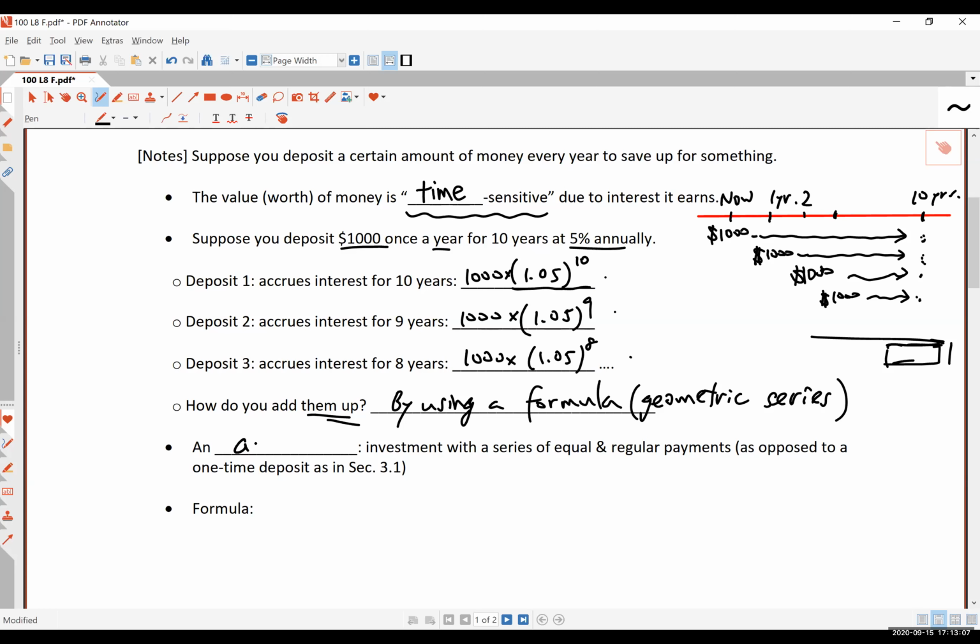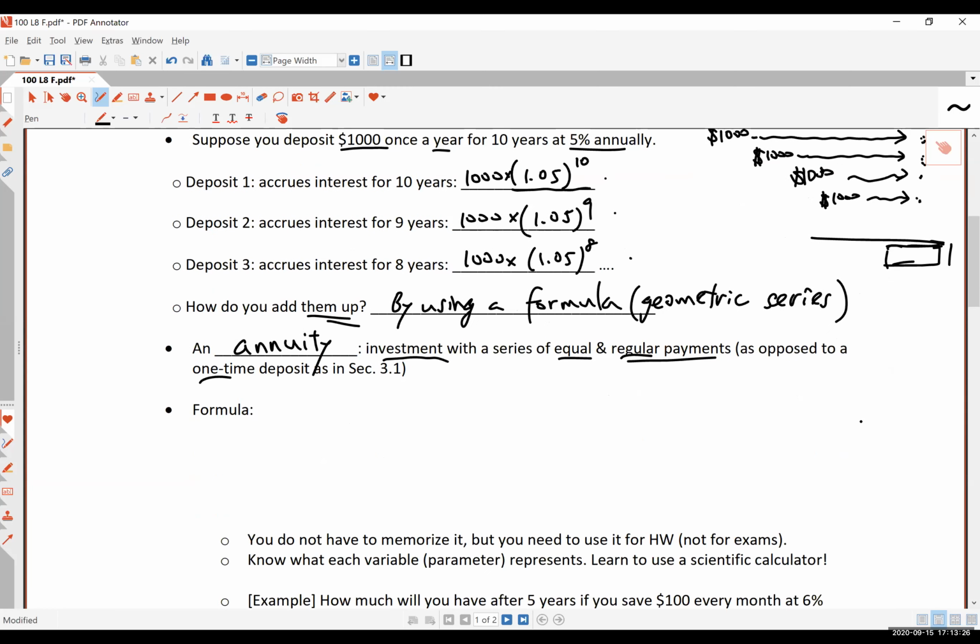An annuity is what we're talking about. It is an investment plan with a series of equal and regular payments. So you have a certain amount of money that you are investing every year or every month or every quarter on a regular basis, as opposed to a one-time deposit, as you saw in the previous section. All right, so we need a new parameter, new variable.